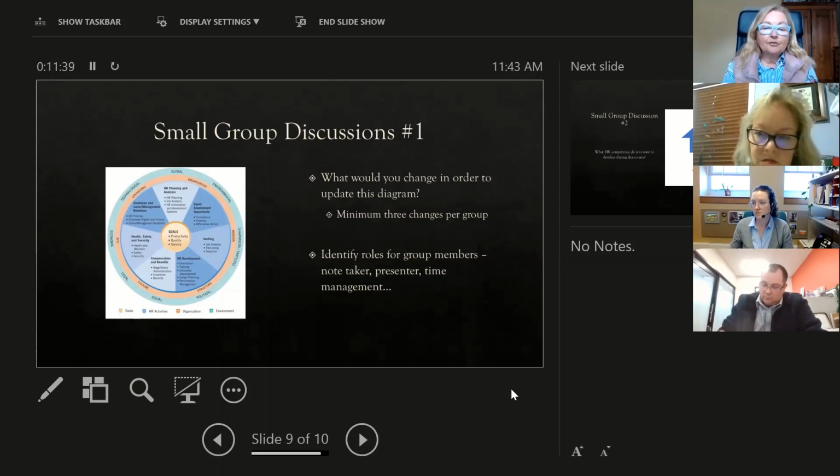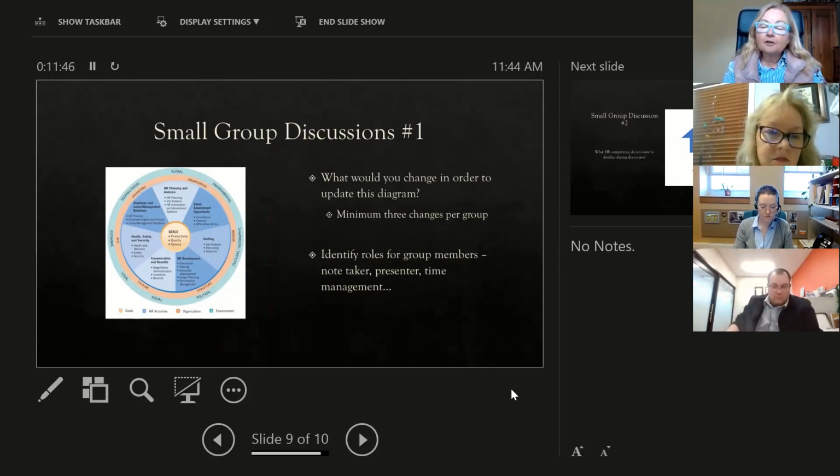And I'm going to ask you to identify some things that you would like to change on this diagram that would bring it more up to date with what you were reading. So it might be something simple like how a functional area has been identified, or it might be something that you think's missing, or something that's there that you don't think that HR is doing that much anymore. So I'm looking for 3 changes that you would like to make as a group.